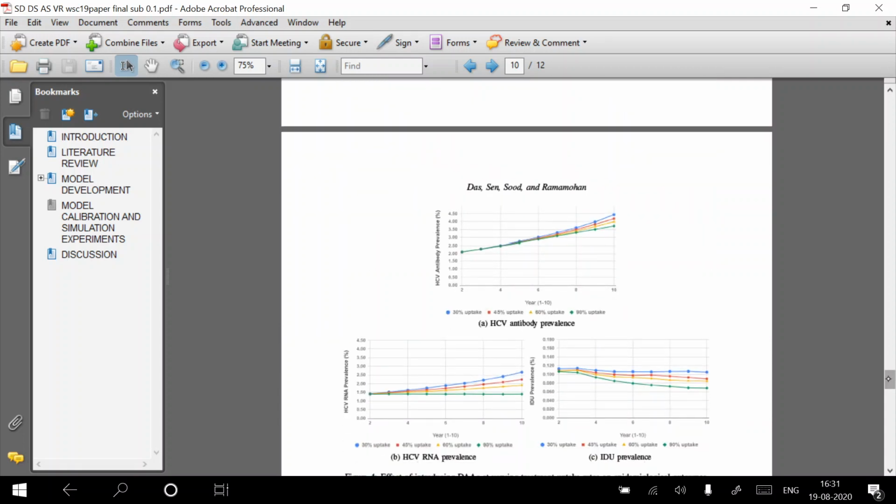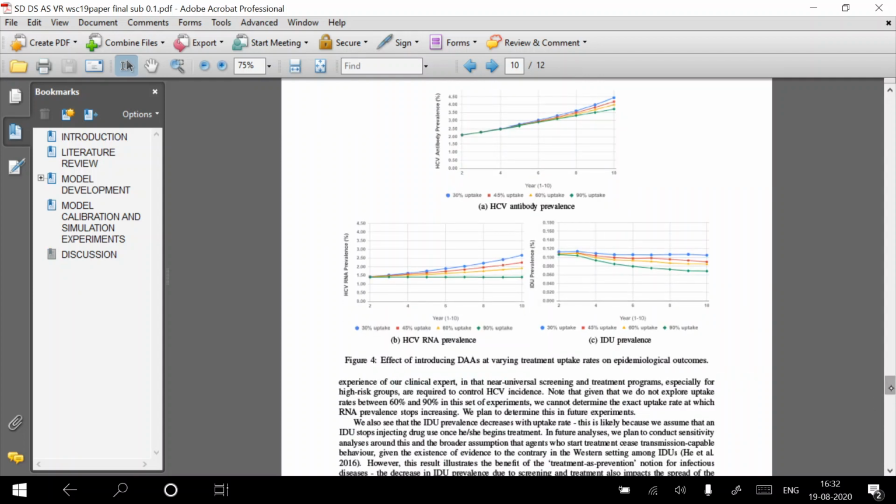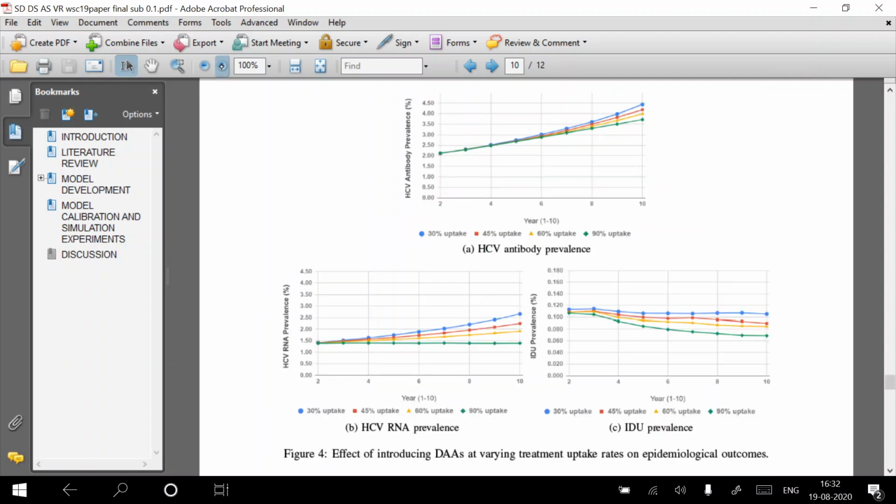How does introducing a new treatment and having different uptake rates, what is its effect on the prevalence of a particular disease, right? So that is something that we simulated. Okay, so the point of developing the simulation always is actually to conduct these sorts of experiments.